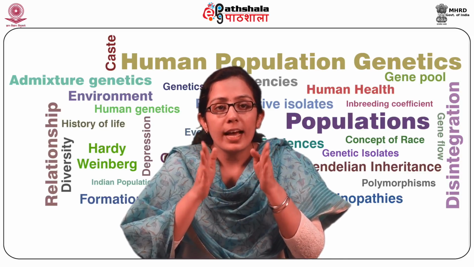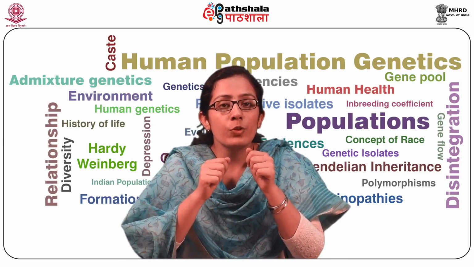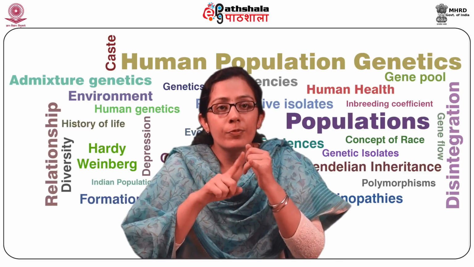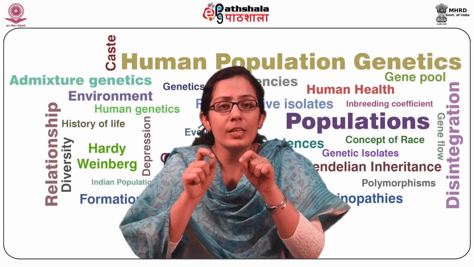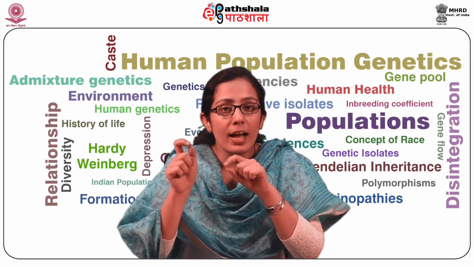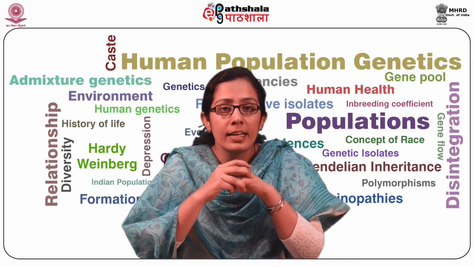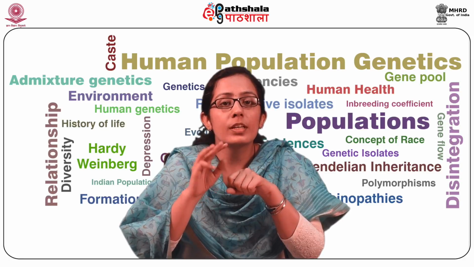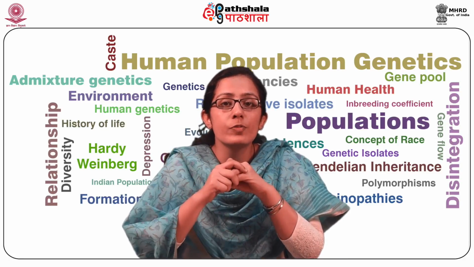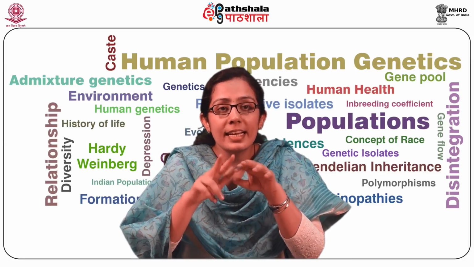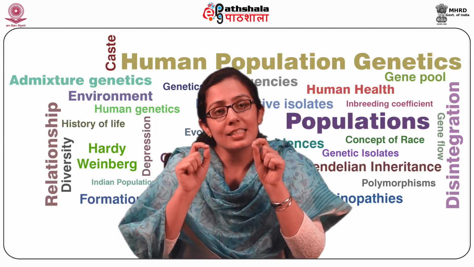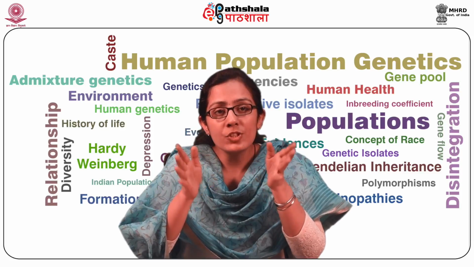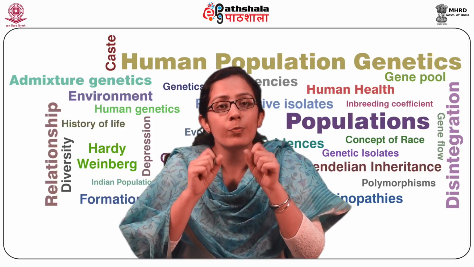Basically, there are four types of hemoglobin which appear in the human lifetime. The first one is the embryonic hemoglobin, that is Hb Gower 1, 2 and hemoglobin Portland, which are detectable from the 3rd to 10th week of the gestation period. The second type is the fetal hemoglobin, abbreviated as HbF, the major hemoglobin at the time of birth.